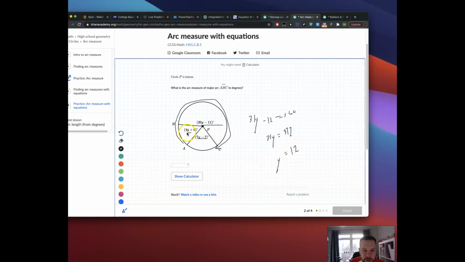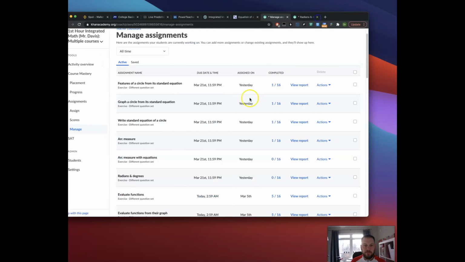So now I know that minor arc will be 7 times 12 minus 7. So if I put 12 in that spot, that tells me this minor arc is 77, but I want the major arc. So I'm doing 360 minus 77, which should be 283. All right, so hopefully that one's okay.